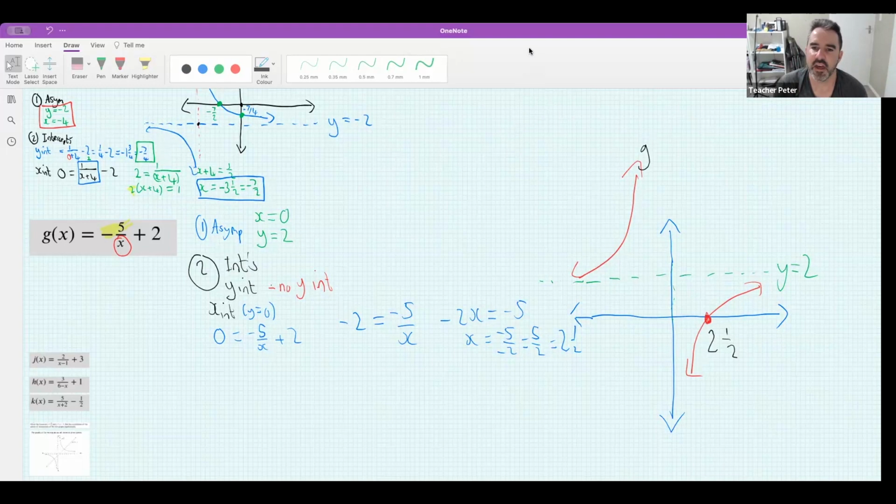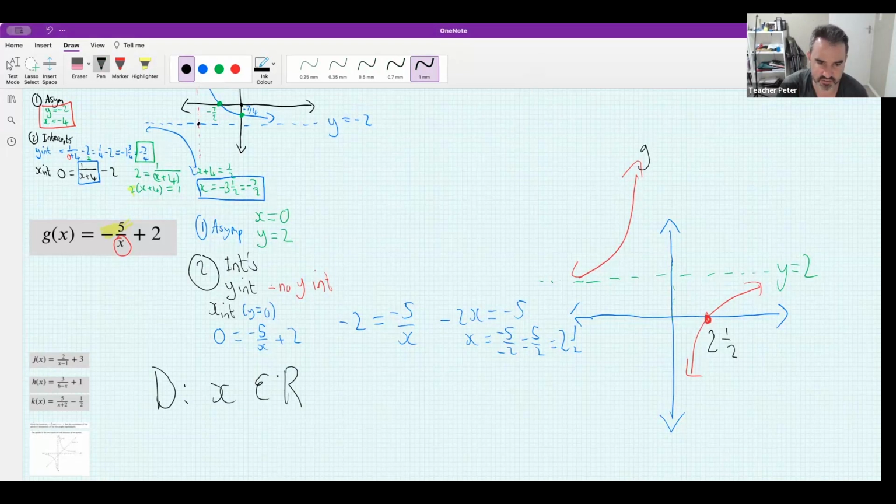Okay. The range and domain in hyperbolas are actually not too hard, but let me go here. The domain of the hyperbola is any x value, except it may not be the asymptote. So we say x cannot be equal to 0.